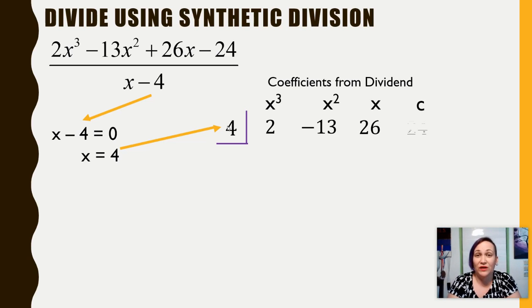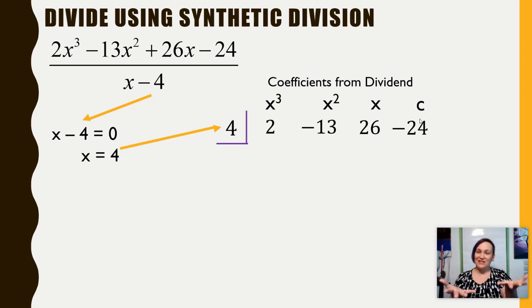Then the x squared has a coefficient of -13. The x has a coefficient of 26. And my constant is -24. So I'm taking all of my numbers. I put the letters above them so you would know where the numbers were coming from and to show you that we were taking them in the same order that they appeared in. But we're not going to actually use the letters while we're doing our synthetic division.